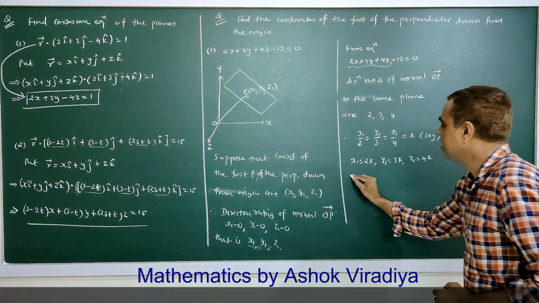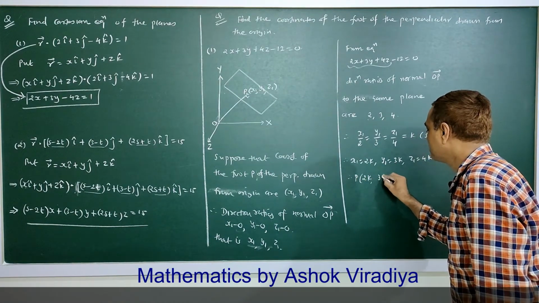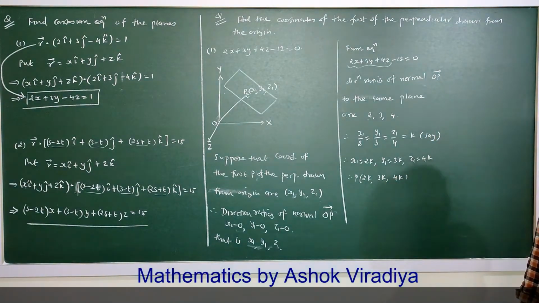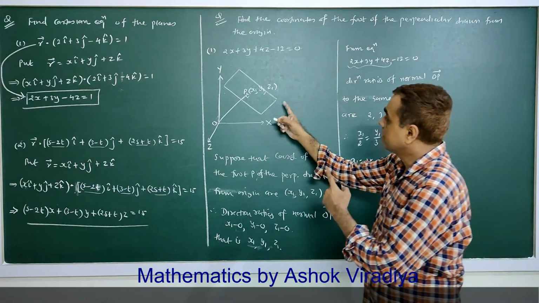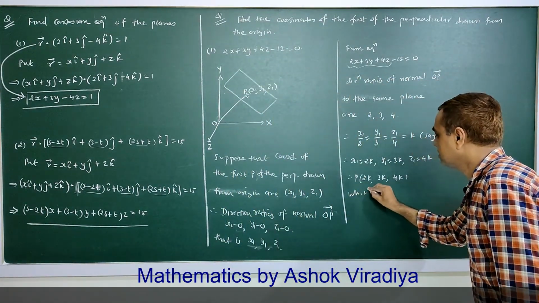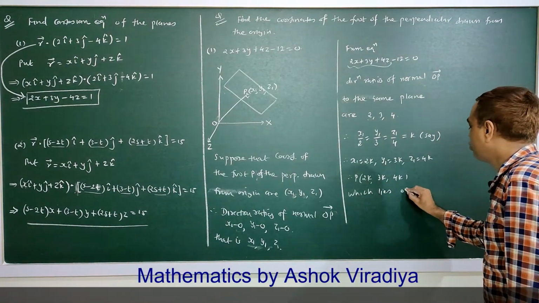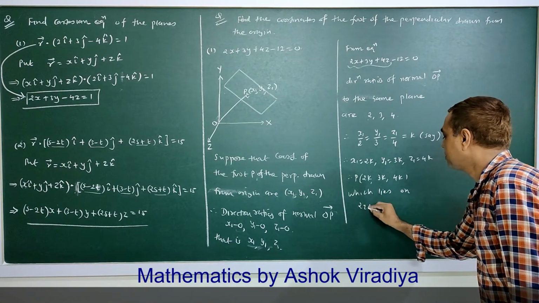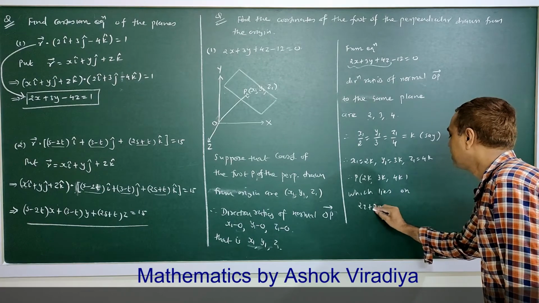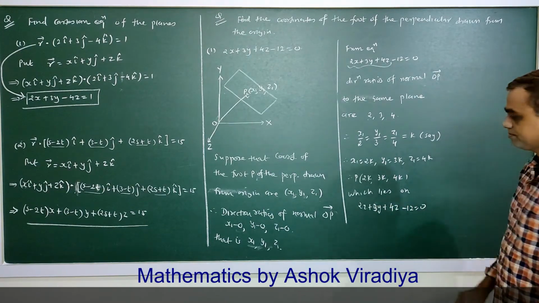So coordinates of P are, therefore, P is 2k, 3k, 4k. These are coordinates of P. Now this point lies on the plane 2x plus 3y plus 4z minus 12 equal to 0.